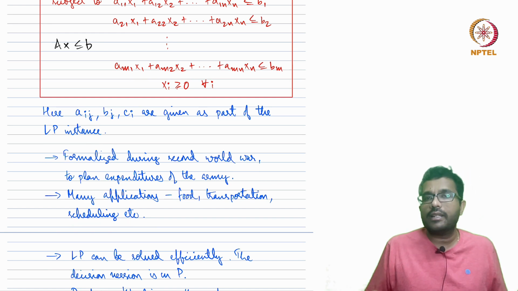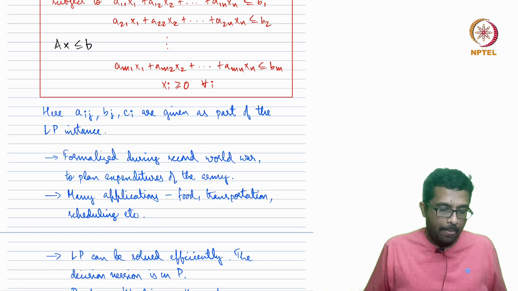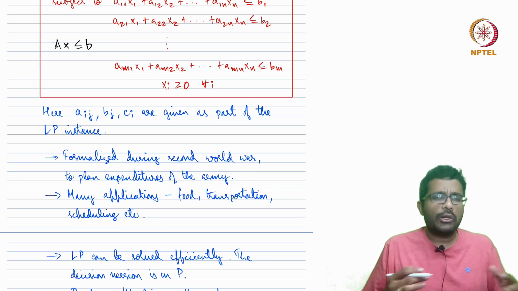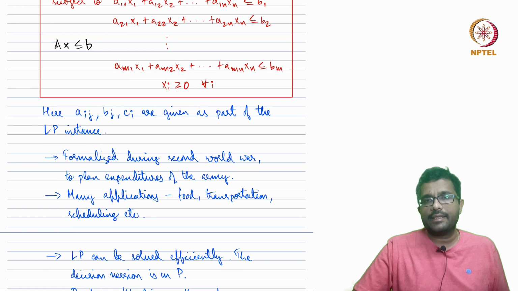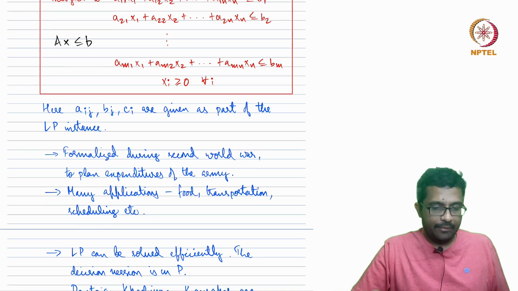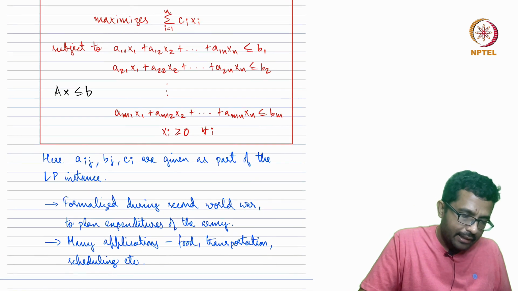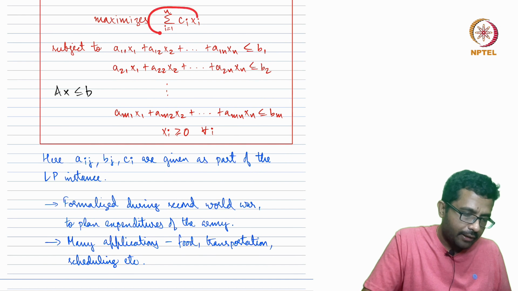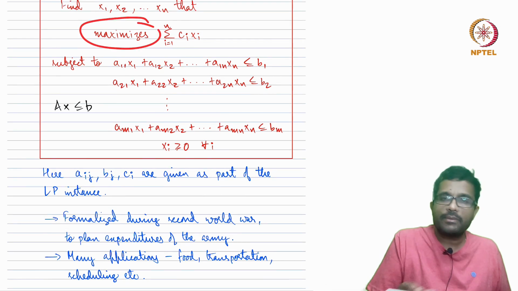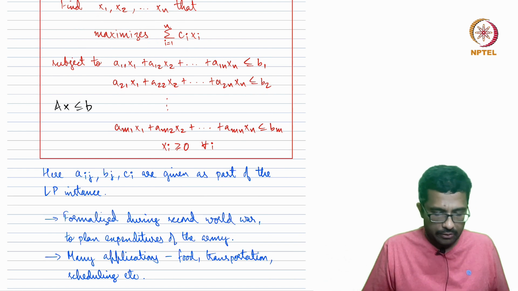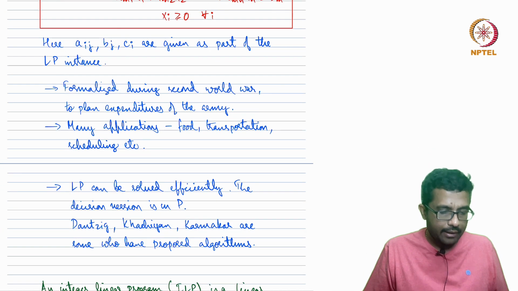You have some scheduling constraints, right? So any real world application where you have multiple constraints and want to meet something, usually you can write it as a linear program, right? Linear program means you have linear constraints and a linear objective function and you want to maximize or minimize. Here I have written maximize, but sometimes there are minimization versions also, right?